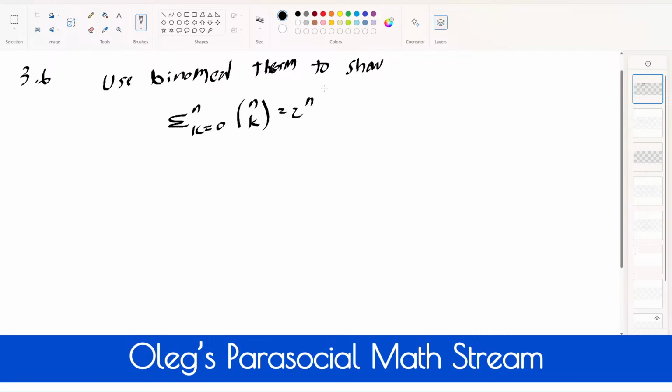The sum of all n choose k is equal to 2 to the power of n. Okay. How am I going to show that?